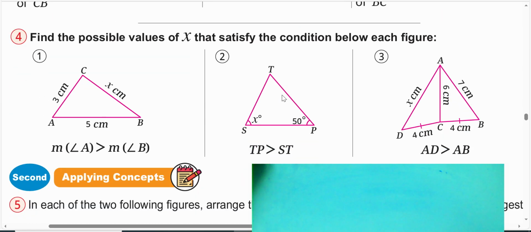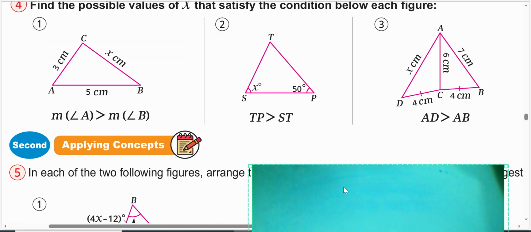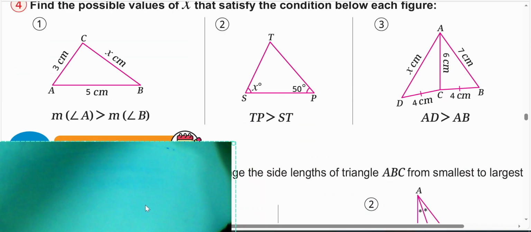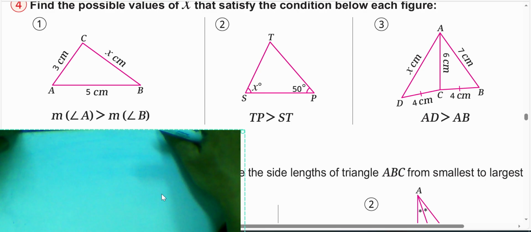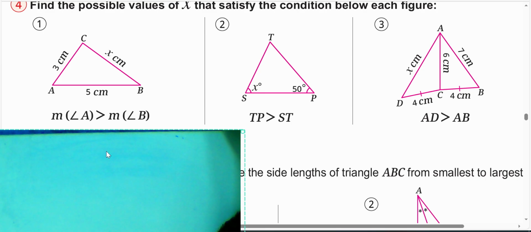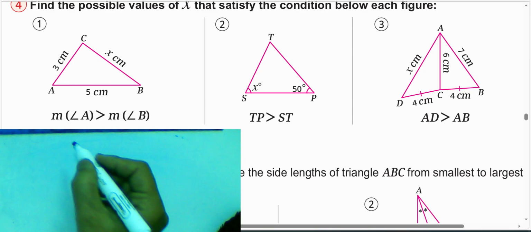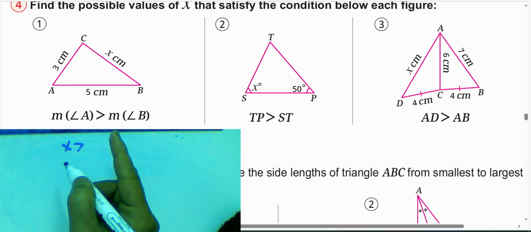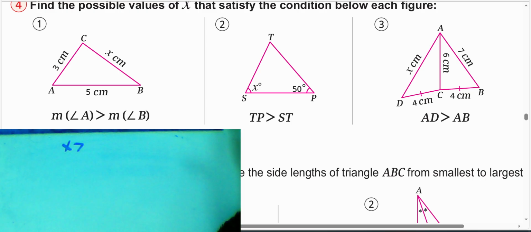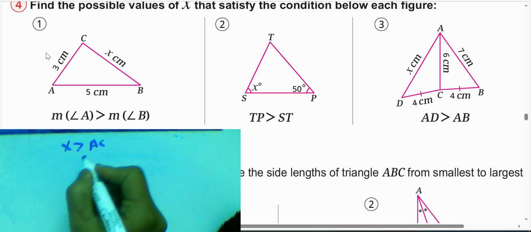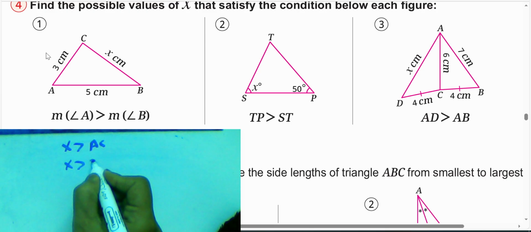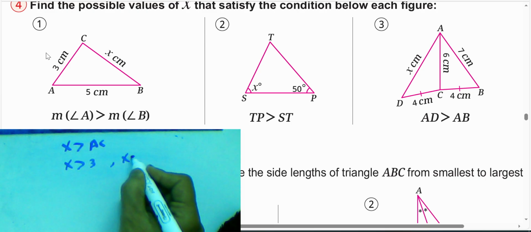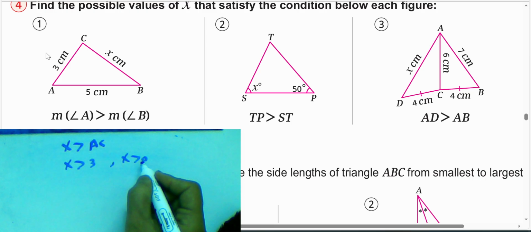Find the possible values of x that satisfy the condition below each one. First, the measure of angle A is greater than angle B, then the opposite side x will be greater than the side opposite angle B, AC. Then x is greater than 3, and also x must be greater than 0.